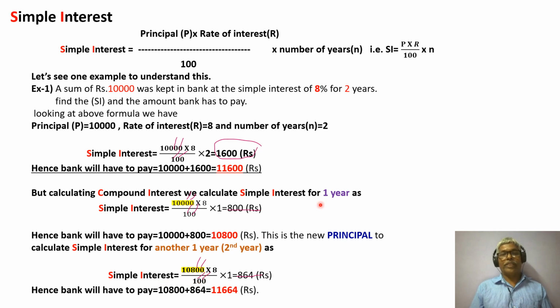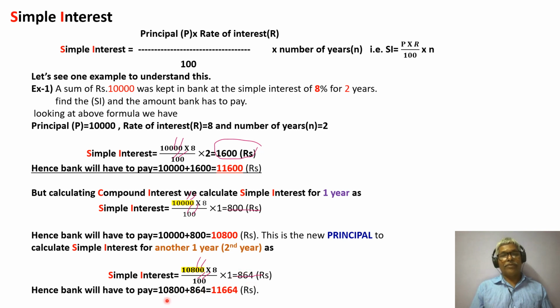10800. So we take the same formula, 10800 into 8 divided by 100 into 1. We are calculating for 1 year and 1 year separately. So for the second year they got 864 rupees. This is the second year interest.